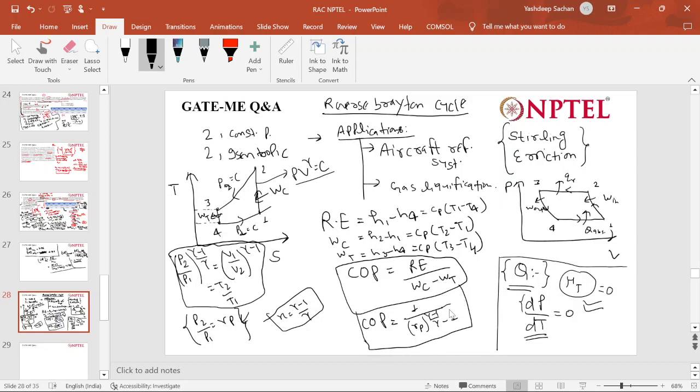Sir, that formula for COP, 1 minus 1 upon Rp raised to that term, is that for the COP of the Brayton cycle?